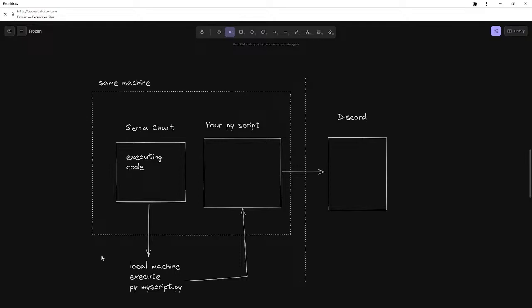Quick question. How would I pass the information from Sierra Chart to my Python script? For example, on my Sierra Chart, I may want to pass time, price, and whatever dynamic message to the Python script to get sent to Discord.